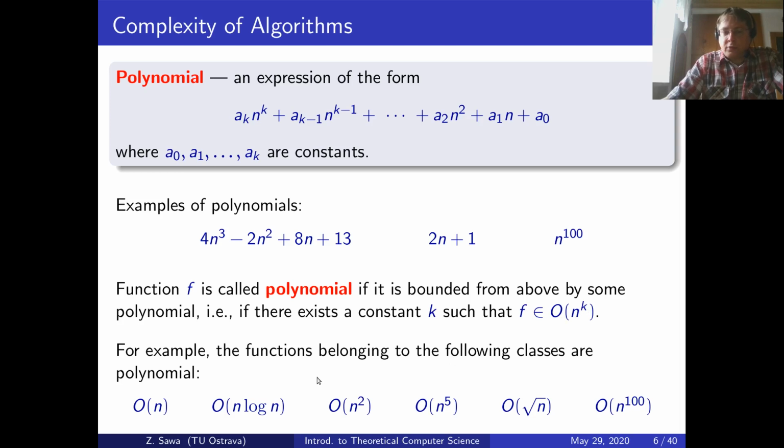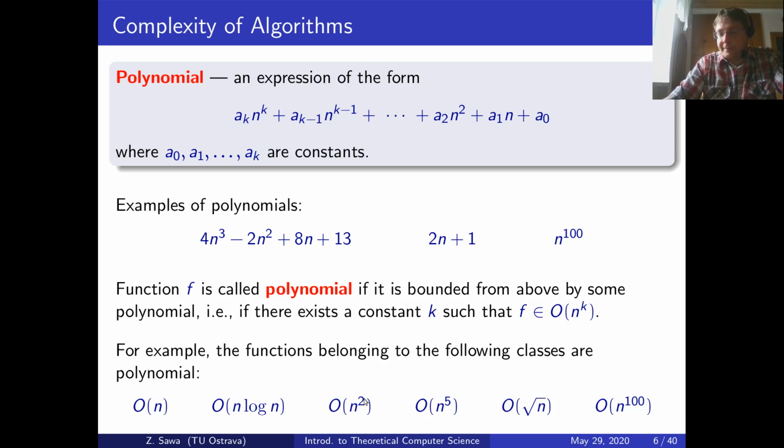For example, n times log n is, strictly speaking, not a function of this type, but it could be bounded from above by such a polynomial, for example by n squared. So in this sense it's polynomial.